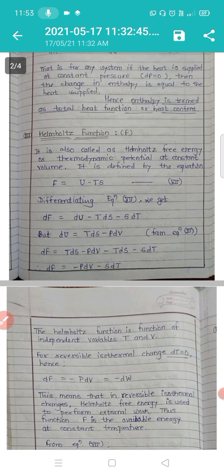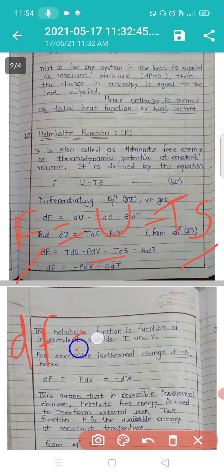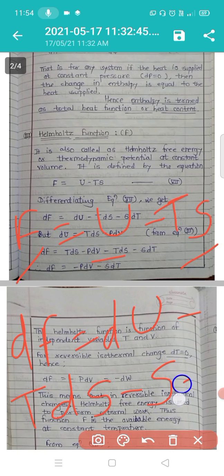It is defined by the equation F = U - TS, where U is the total internal energy, T is the temperature, S is the entropy, and F is the Helmholtz function. Now differentiating this, we get dF = dU - T dS - S dT.